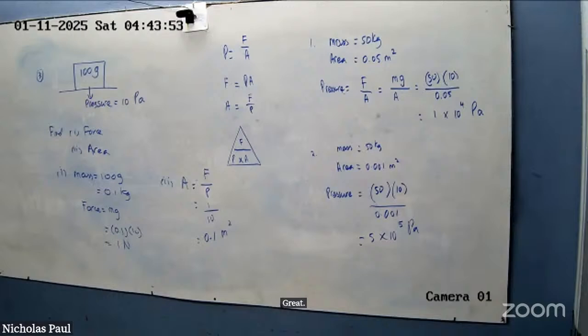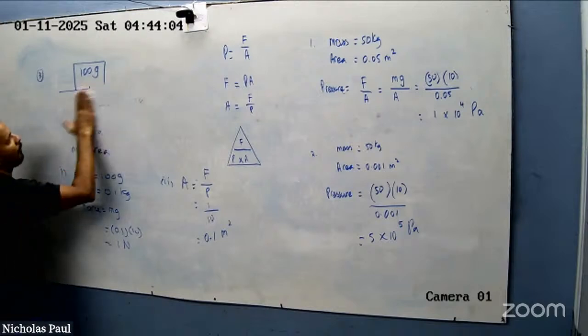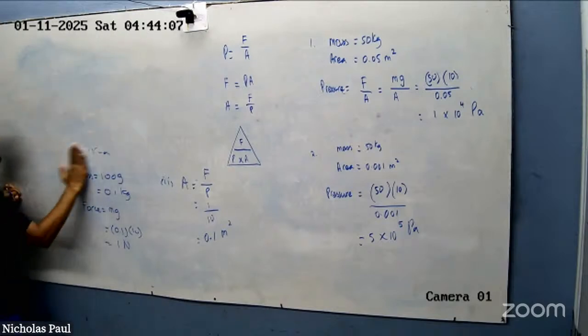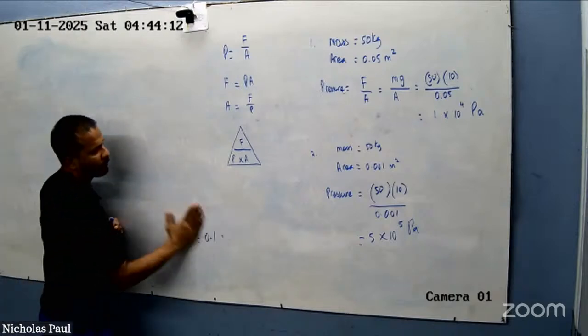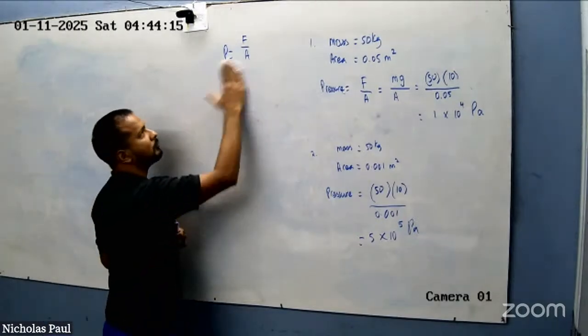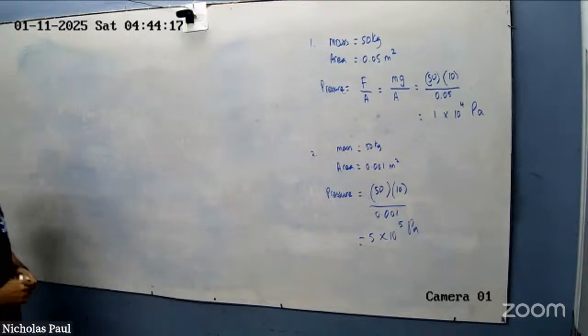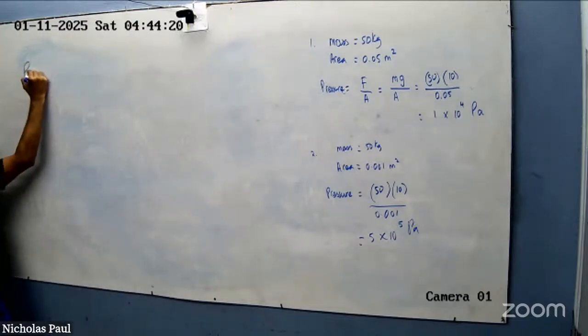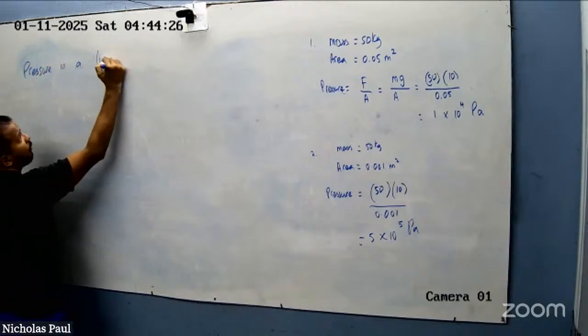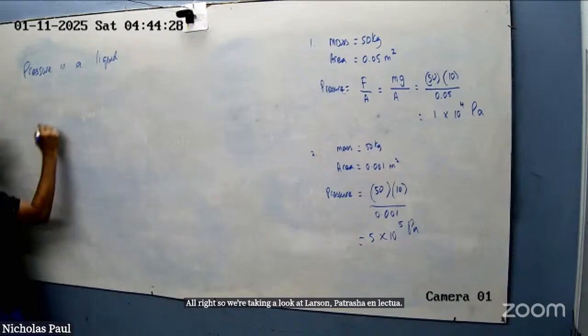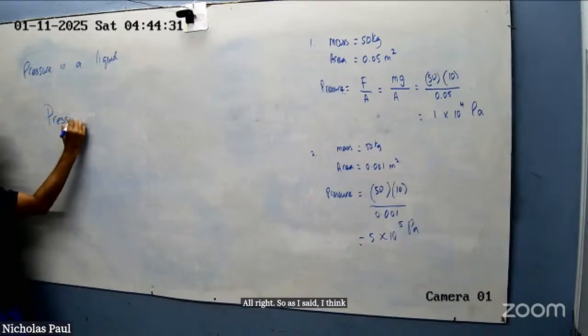All right, so let's take a look at pressure in a liquid. As I said, I like to give you this relationship first so you can see everything from it.